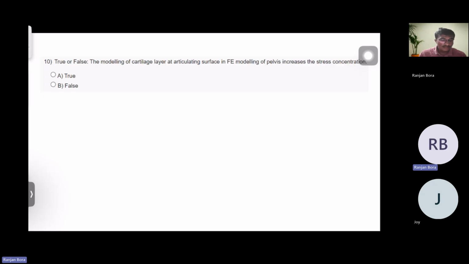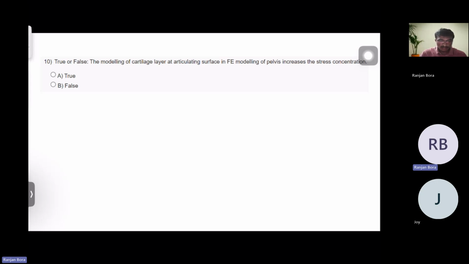The next question is, modeling of cartilage layer at articulating surface in FE modeling of pelvis increases the stress concentration. So is it a true or false statement? It is a false statement.